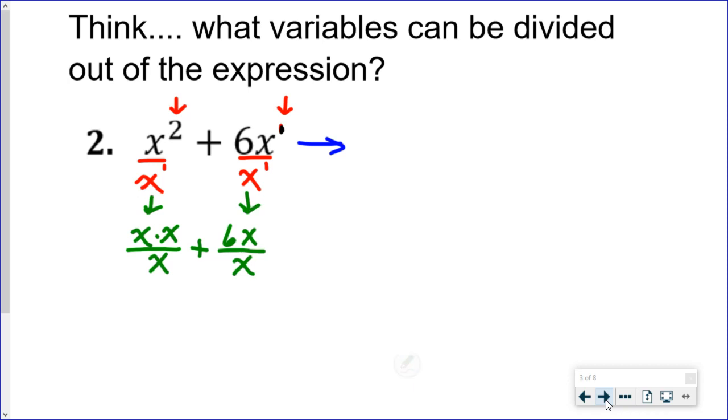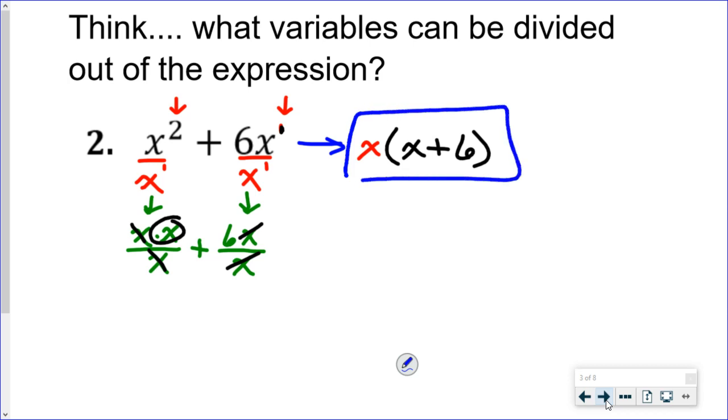So now, when I divide an x out, because the number in red gets pulled out to the front, do you see one set of x's cancel? So I'm only left with this and the plus sign, and these x's cancel, so all I'm left with is 6. Okay, and I could double check if I redistribute that in.